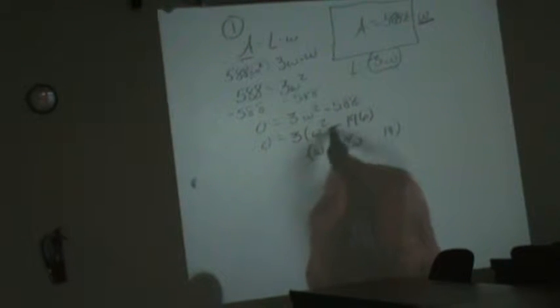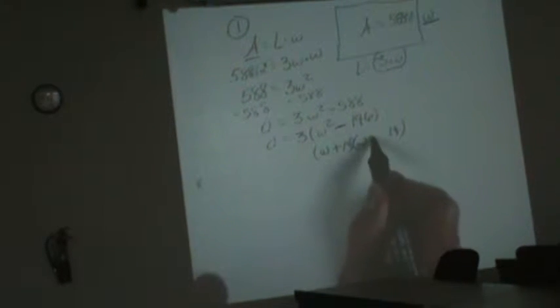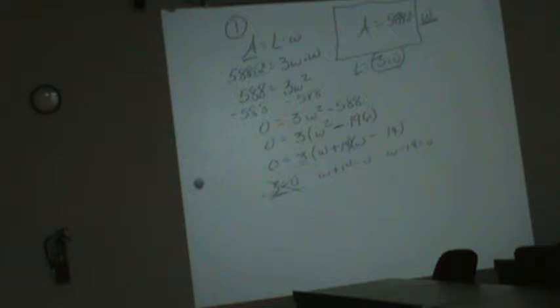Remember, when it's a difference of squares, you have to have a plus and a minus. You're setting each one of these factors equal to 0. The 3 part's not going to give you an answer. If it's a plus 14, you're going to subtract 14, and this one you'll add 14.